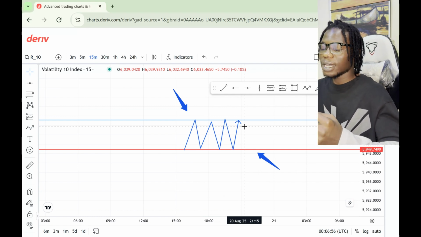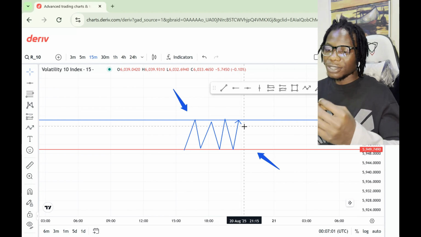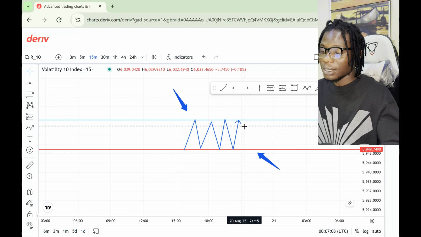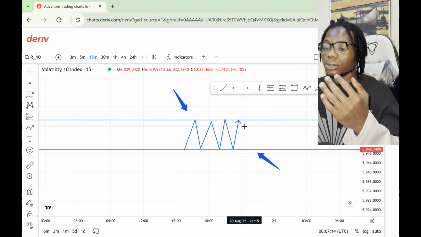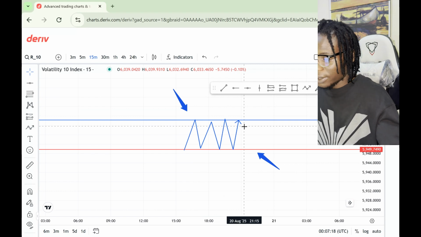There are different ways people use concepts or names to differentiate all this, but these are not very hard. These are just levels where price has gotten to significantly or that haven't broken. Finish, that's your support and resistance. So don't pay attention to the noise you have been hearing about support and resistance.